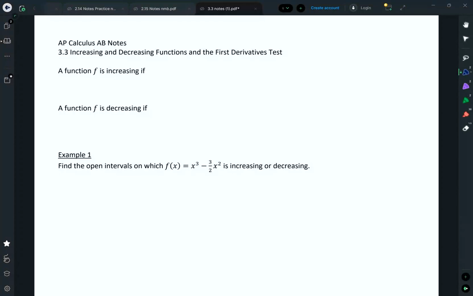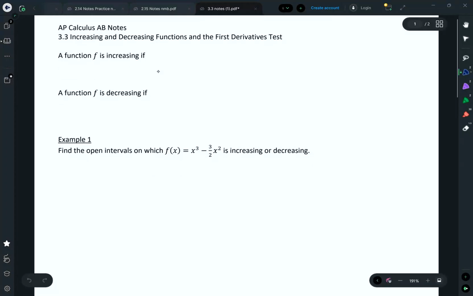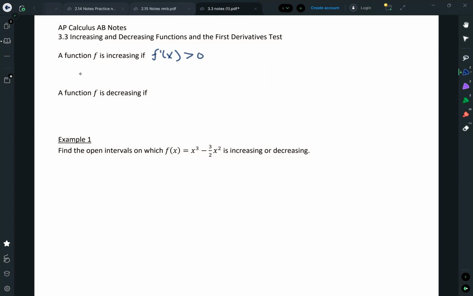A function is increasing if f prime of x is greater than 0, which means f prime is positive. Let's think about what that means. If we're looking at a graph of f, f prime is our derivative, the slope of a tangent line, so the slope at a point.